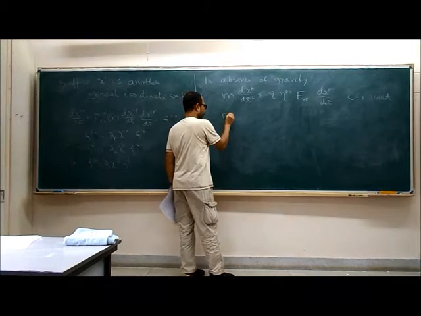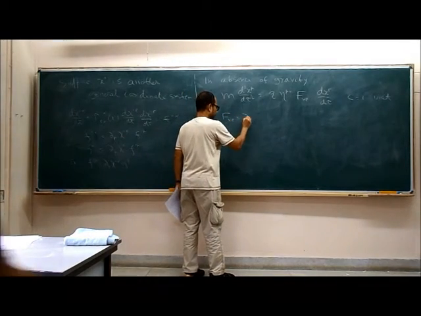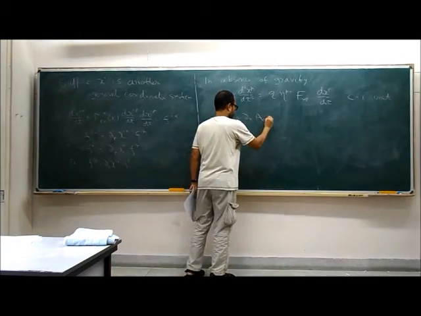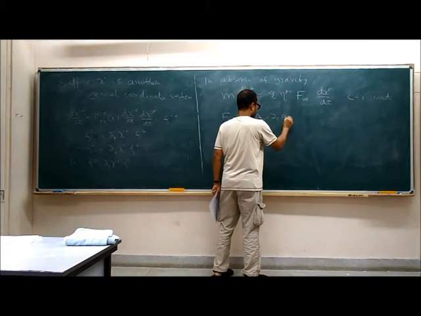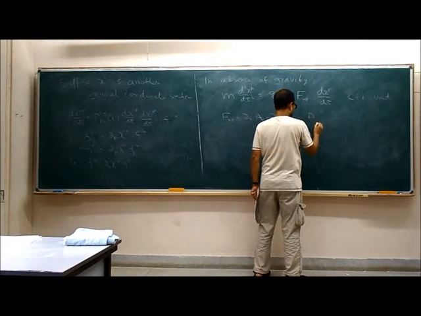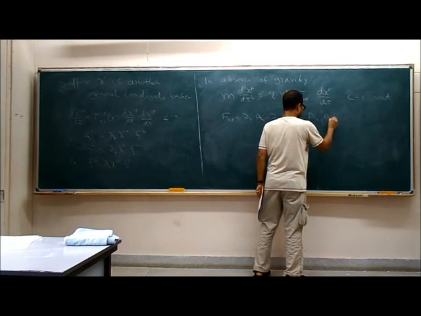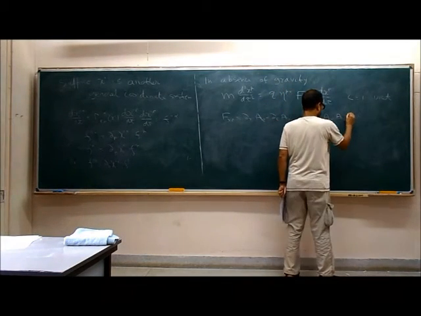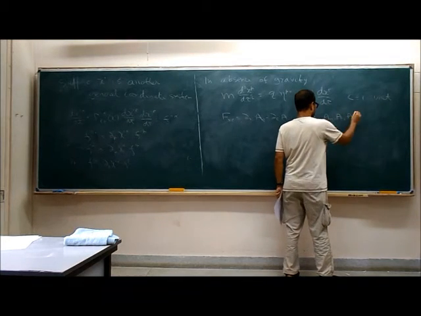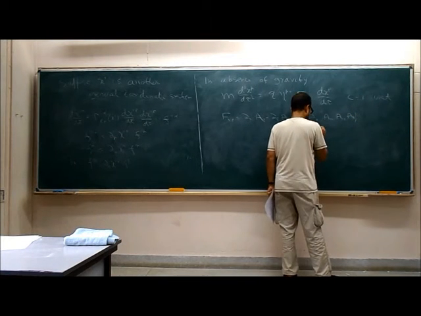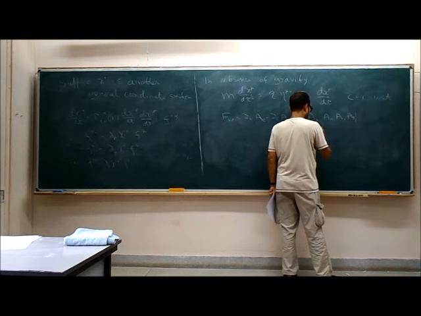What is F mu nu? F mu nu is del mu A nu minus del nu A mu, where A is basically A0, A1, A2, A3, the electromagnetic vector potential. In fact, the more precise statement is that A0 is minus phi.